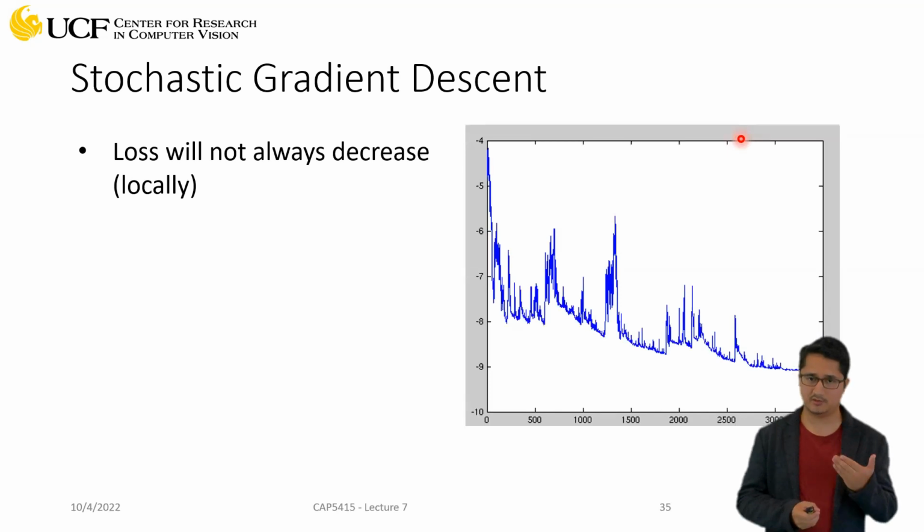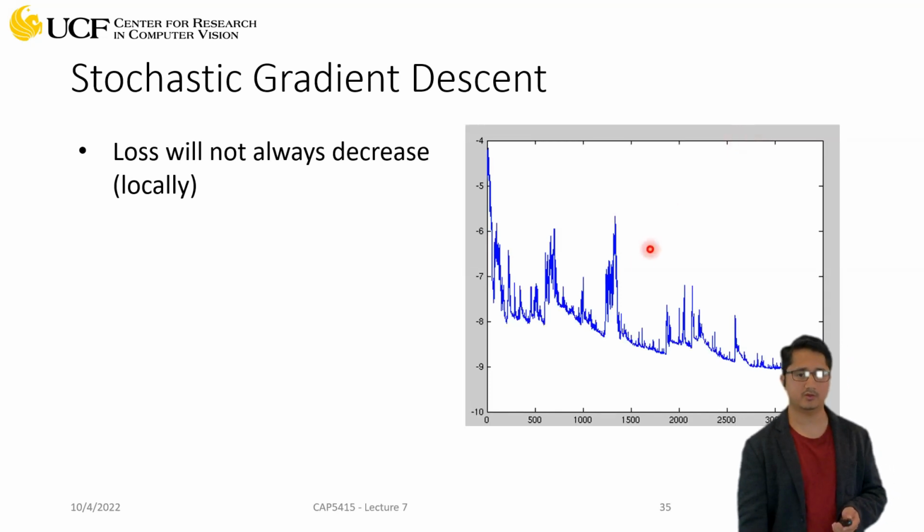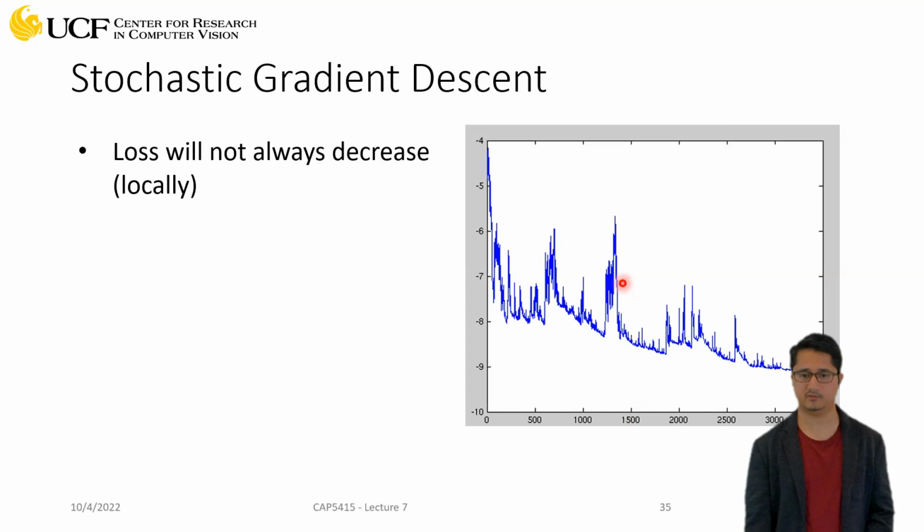When you train your network and plot your loss values, you'll have to do this a lot. Let me explain this curve. The x-axis is the iteration, starting from zero when you initialize your network.